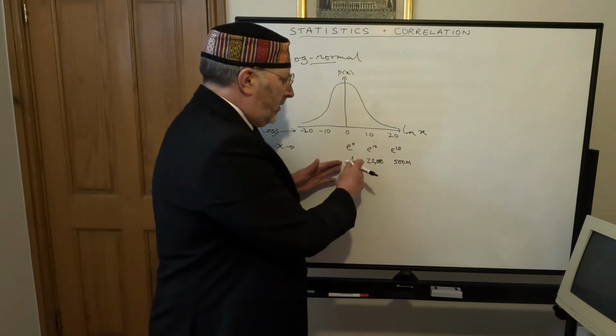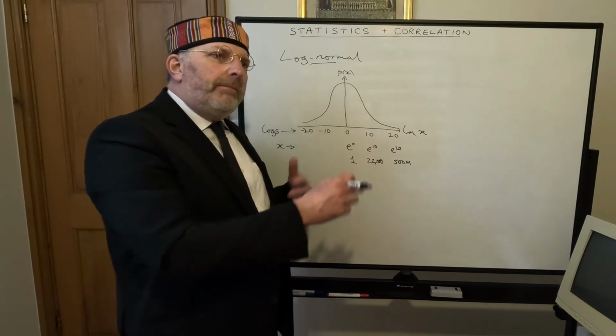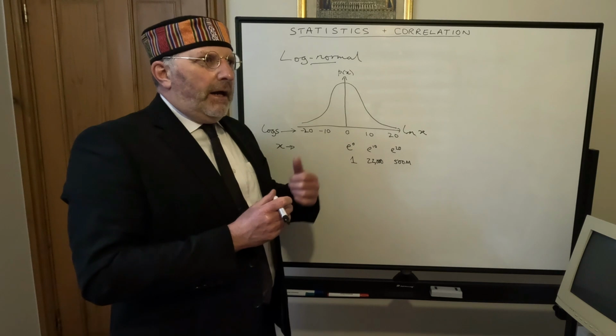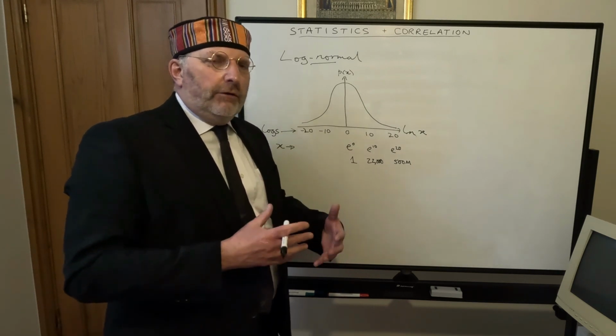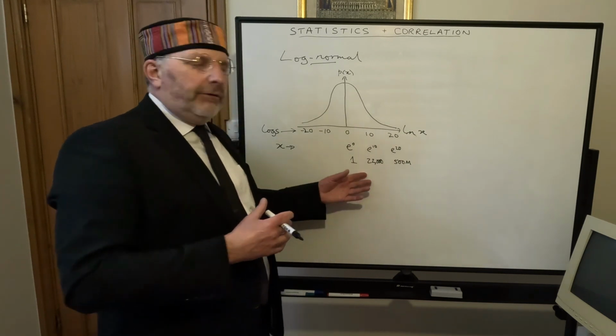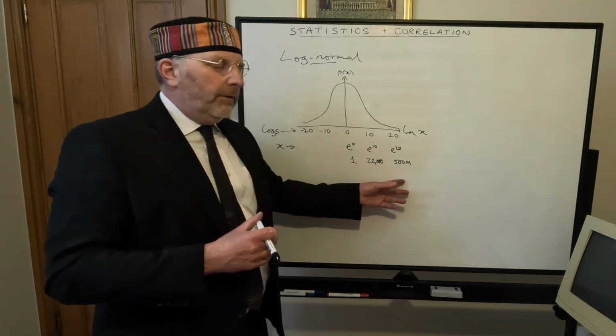And so a power law and a log normal can be a bit difficult to distinguish. And in fact, many examples of power laws that we see in real data can often be better modeled as a log normal.